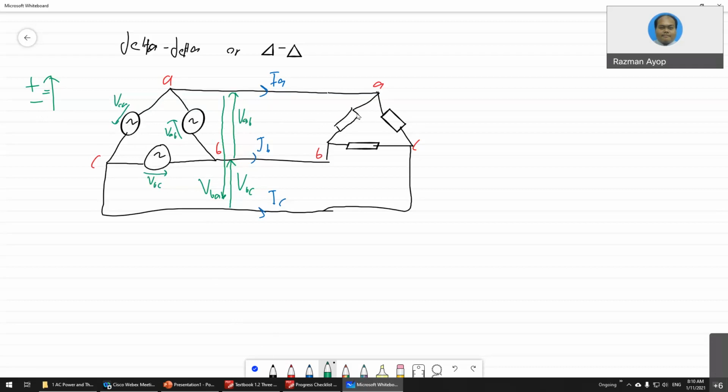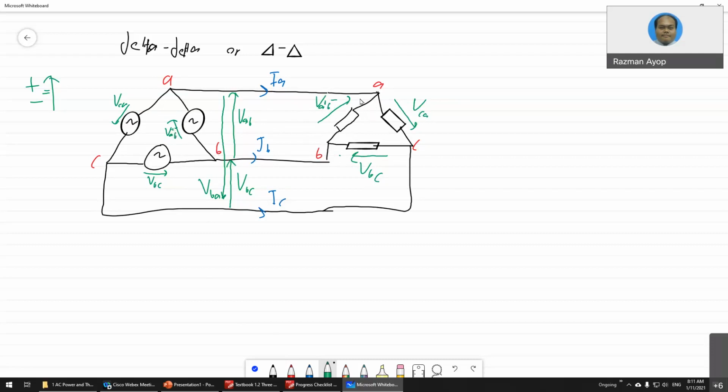Same goes here: you can see that VAB is this way, VAB, and then VCA, and this one is VBC. So make sure you label it properly. VAB will go from B to A, the arrow. B is negative, A is positive. Same as here, this one is negative, this one is positive.